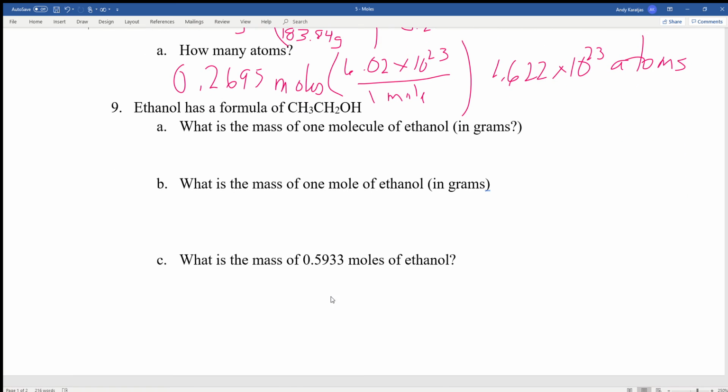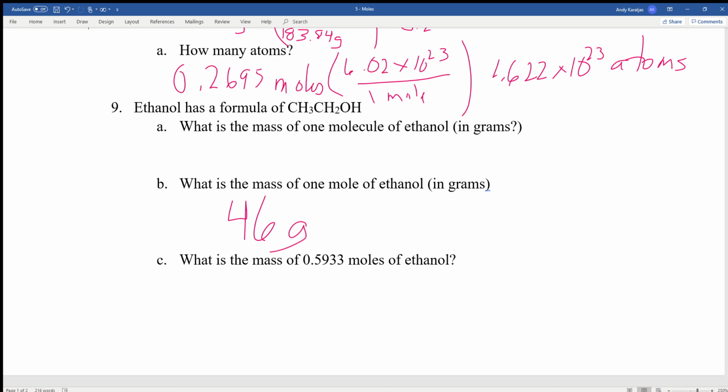We can do the same thing here for ethanol. What's the mass of 1 mole of ethanol in grams? What's the mass of 1 molecule of ethanol in grams? Ethanol, we can see, has 2 carbons, 6 hydrogens, and 1 oxygen. So its mass for 1 mole, we can add those up, is 46 grams.